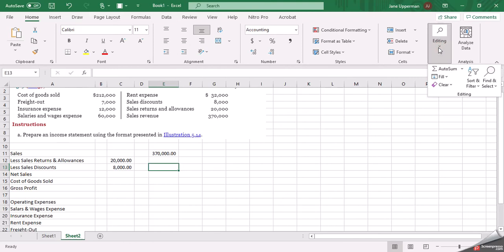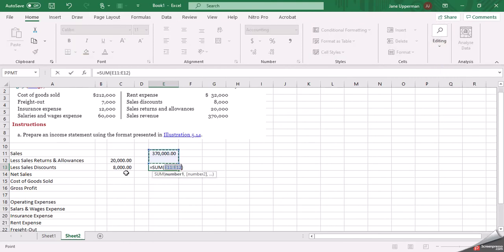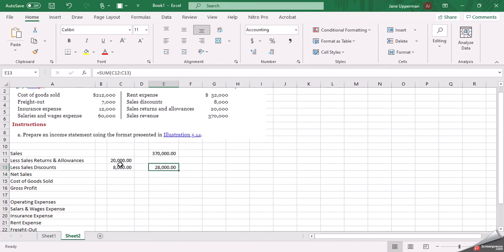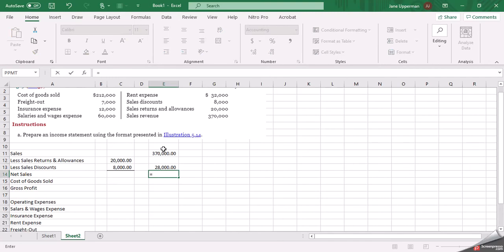Okay, so we'll subtotal these two and carry those over to this column here. And then we can add a line underneath it so we know what that is. So then our net sales is going to be this cell minus that cell. So 342,000, 370,000 minus the 28,000.